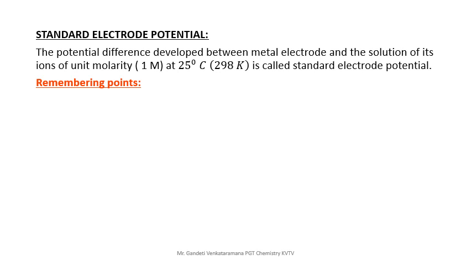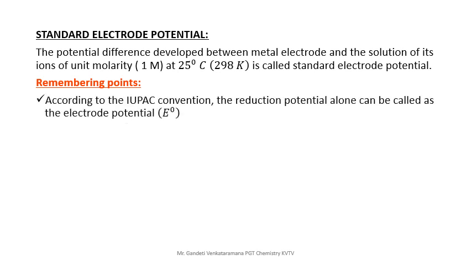Remembering points. Dear friends, whatever points are mentioned below were already discussed earlier; again, I just want to remind you. First point: according to the IUPAC convention, the reduction potential alone can be called electrode potential.